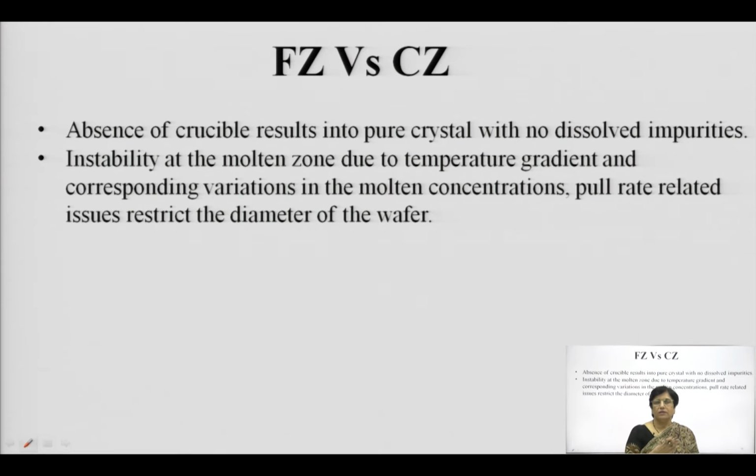Since there is minimum area coming in contact, the slightest instability, or the slightest variation in the temperature gradient or in the contact surface, can create elasticity and damage the crystal orientation, and the deposition can get hampered, thereby impacting the quality of the crystal being grown.